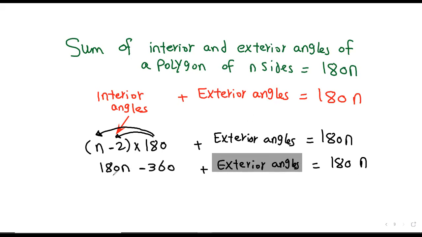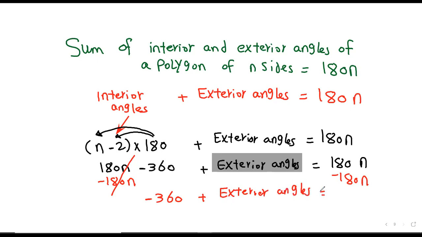We can get rid of 180n if we subtract 180n from both sides, so they are going to be cancelled. You will end up with negative 360 plus exterior angles, and 180n minus 180n is going to be 0.